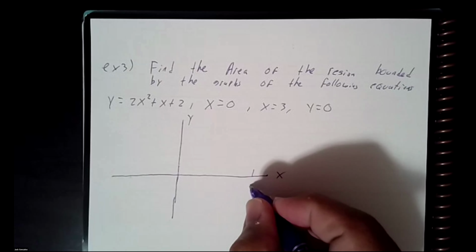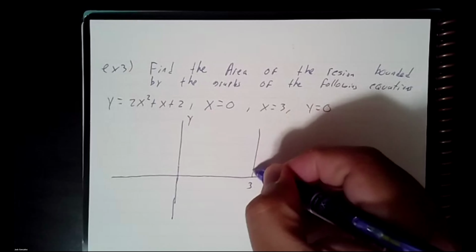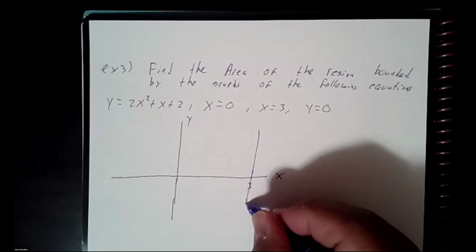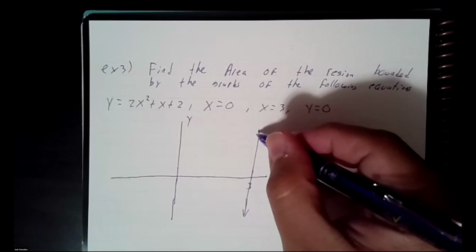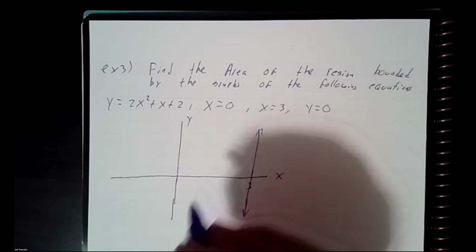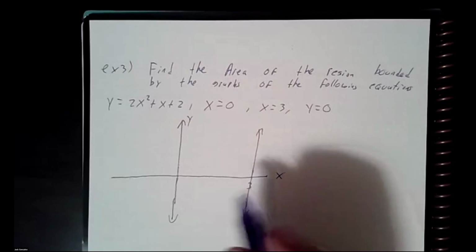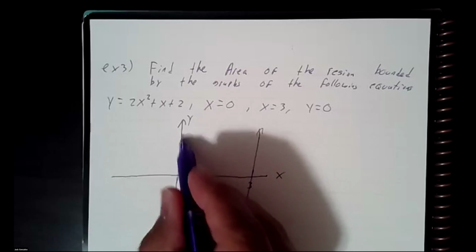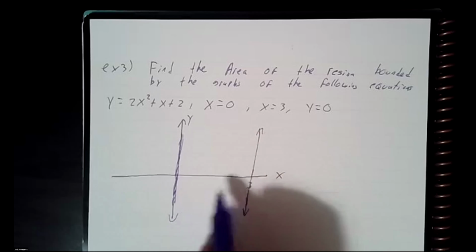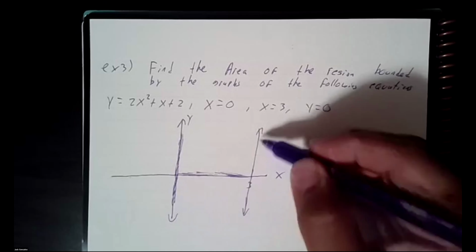All right, so here's 3. Well, x equals 3 is a vertical line. Here's x equal to 0 right there. So we got this section, y equal to 0.